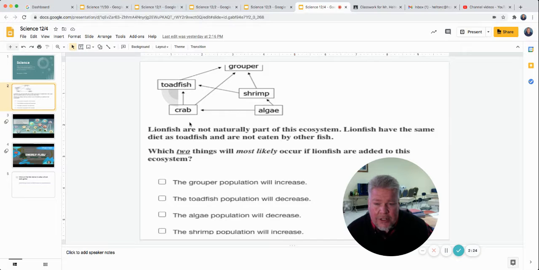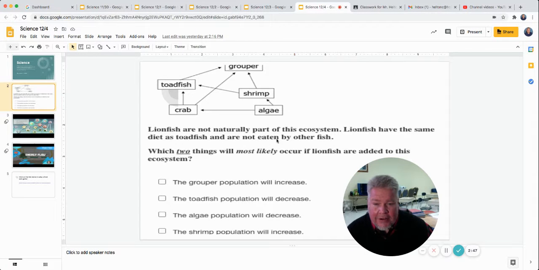So the question says this: lionfish are not naturally part of this ecosystem. In other words, in this ecosystem where all these animals live, there's usually not any lionfish. And lionfish have the same diet as toadfish. So they're going to eat the same things and be eaten by the same things.